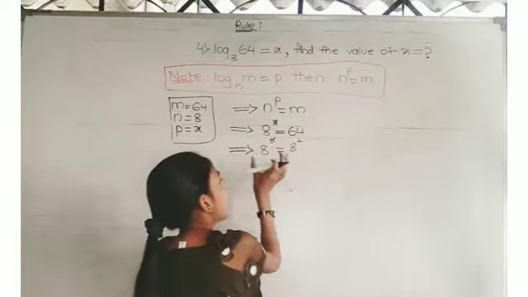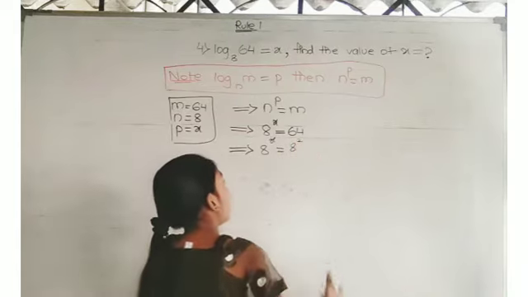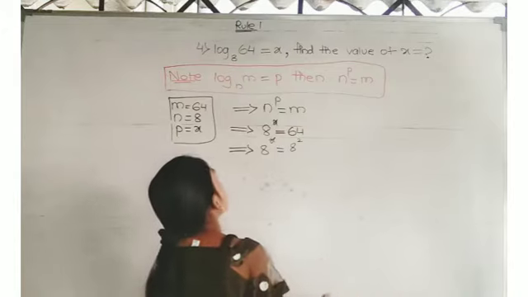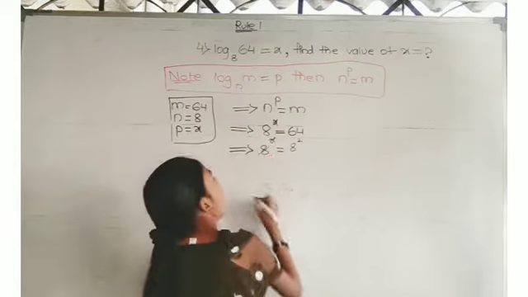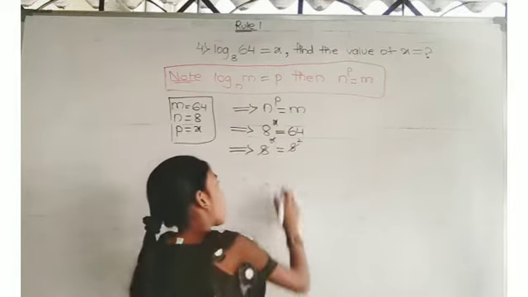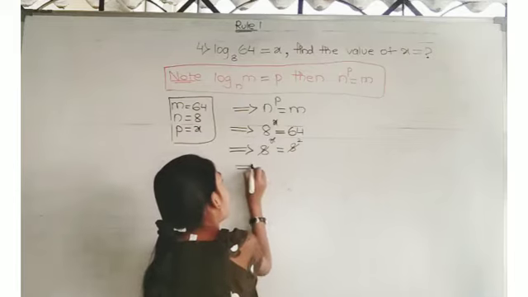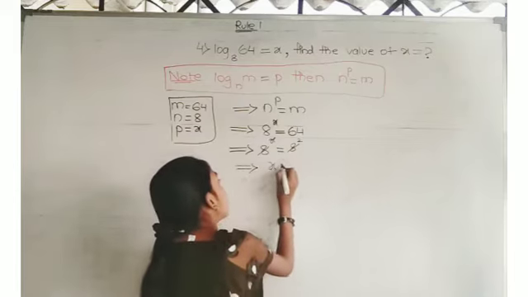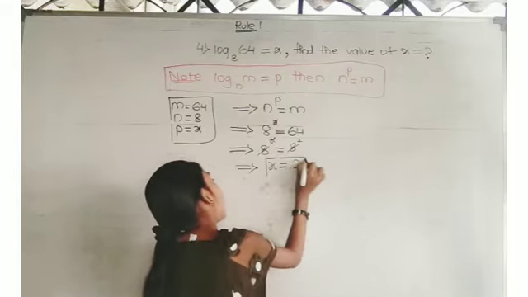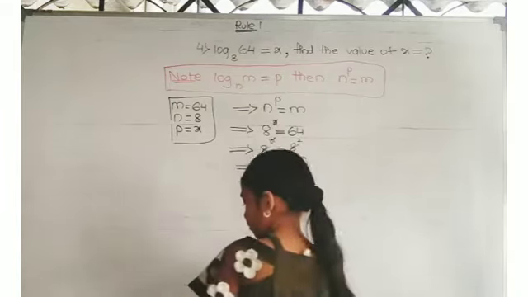Now the bases are same. Now I will tell you why we have made the base same. For easy calculation we have made the base same, so that the 8 and this 8 will be cancelled. Remaining will be x is equal to 2. So the value of x is 2.